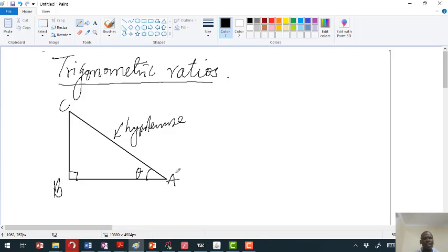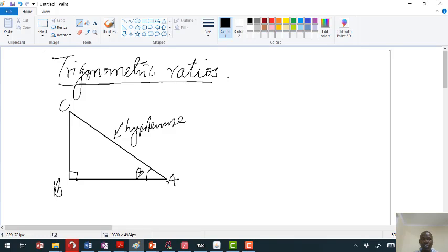Now, if that is angle A, then the names of the sides will change. Remember, in the Pythagoras theorem, we just call them sides. But in trigonometric ratios, we change their names depending on the reference angle.